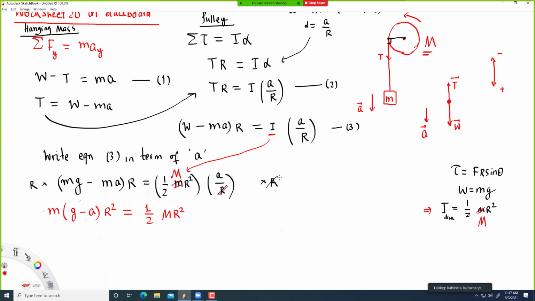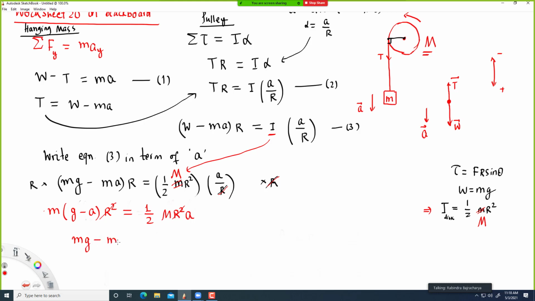This R and this R cancel, so times a. Now I cannot cancel this M and this m because one is small m, the other one is capital M. But I can cancel this R squared and R squared. Let's just not take m out because somehow I need to put a on the same side.